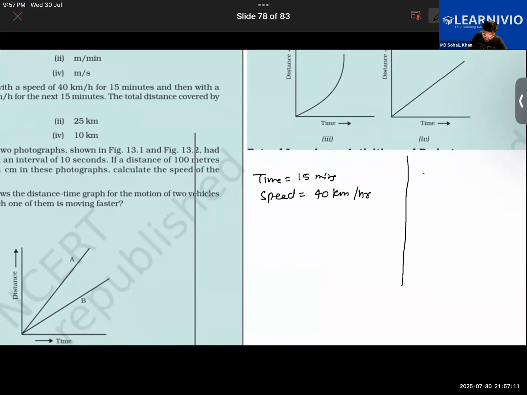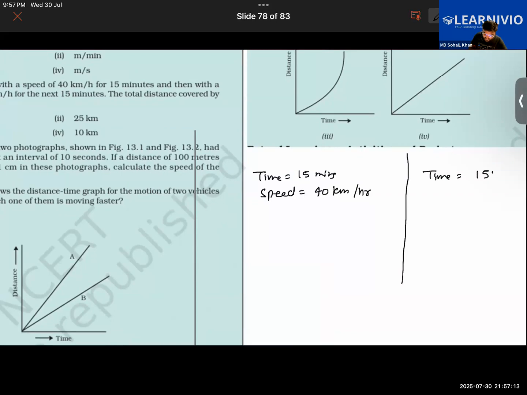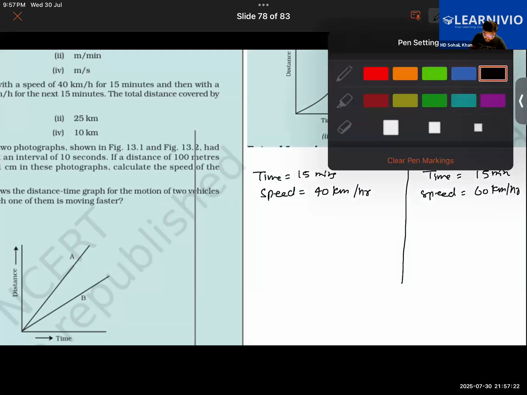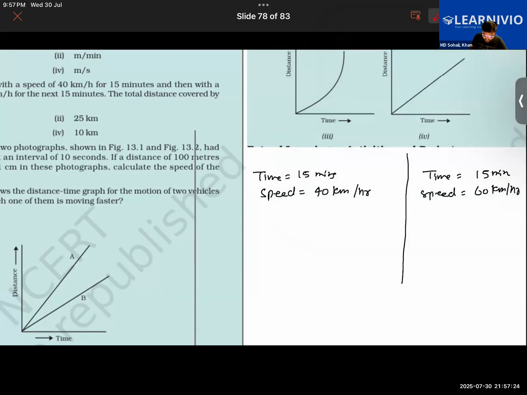So the car must have traveled some distance here, and also here. Since it is in motion, it is taking some time, so some distance has been covered.